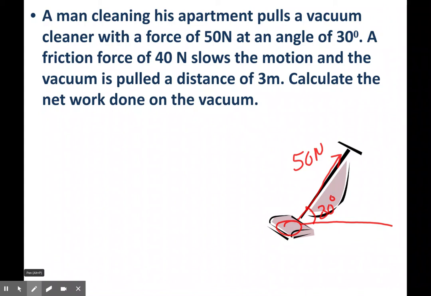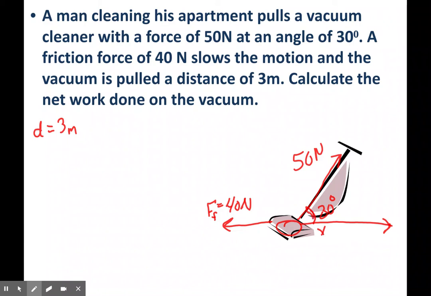A force of 40 slows the motion, and the vacuum is pulled a distance of 3 meters. So we're going to say that our displacement is 3. So if he's pulling it like that, friction will be this way. So that's 40 newtons.